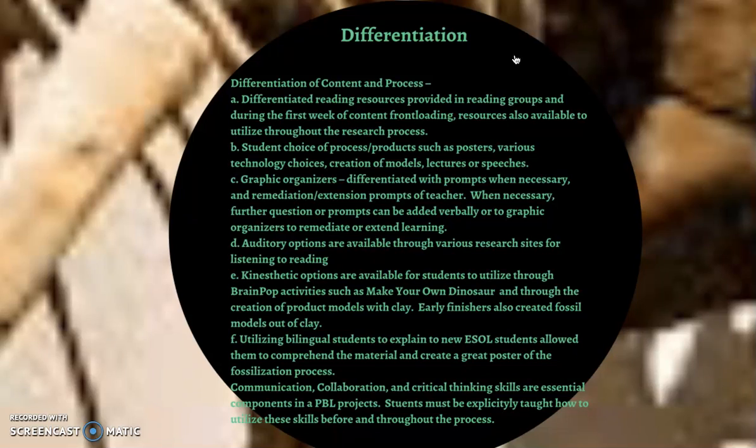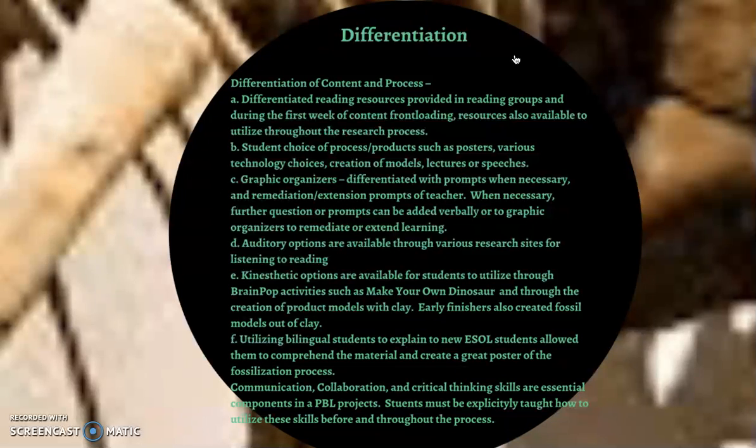There are several differentiation strategies. The first week of the unit, we front-loaded the information through reading groups and differentiated reading resources. Students' choice of process and products acknowledged their various learning abilities. Graphic organizers were given.